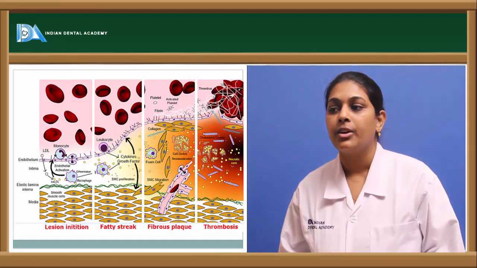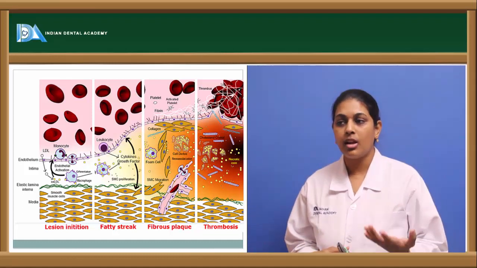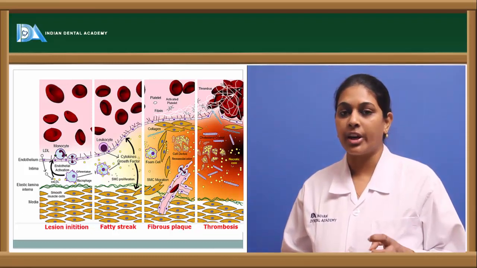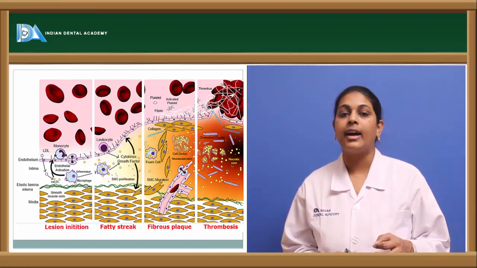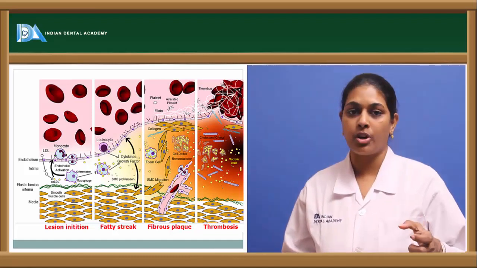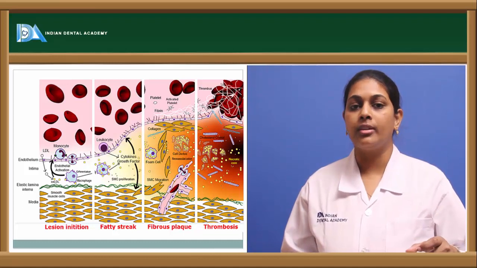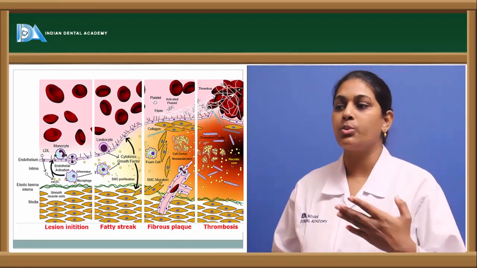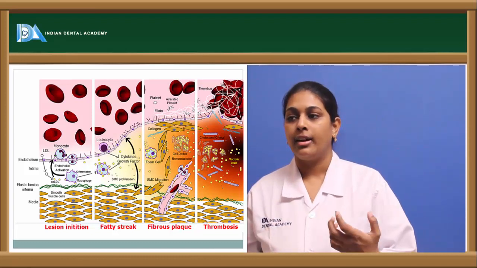And then comes the fibrous plaque formation. In the fibrous plaque formation, we see that in the environment which has been created with the platelet, fibrin, that is attachment of the leukocyte to the endothelium and formation of a platelet plug within the fibrin meshwork, as well as the activated platelets, which we can see in the picture.